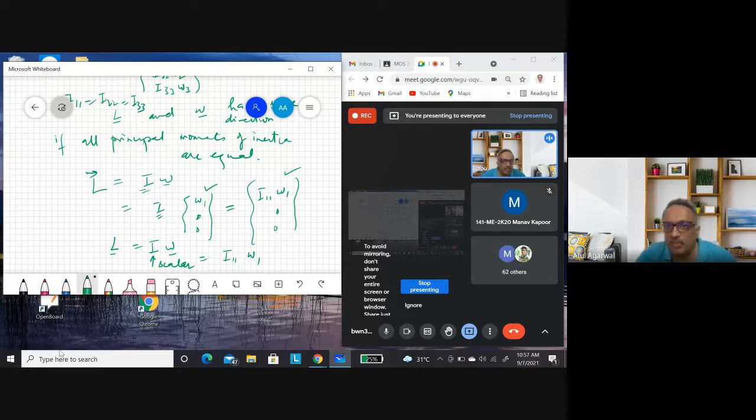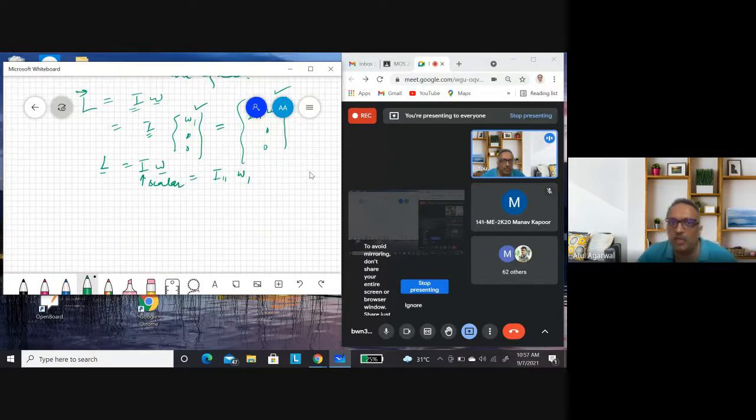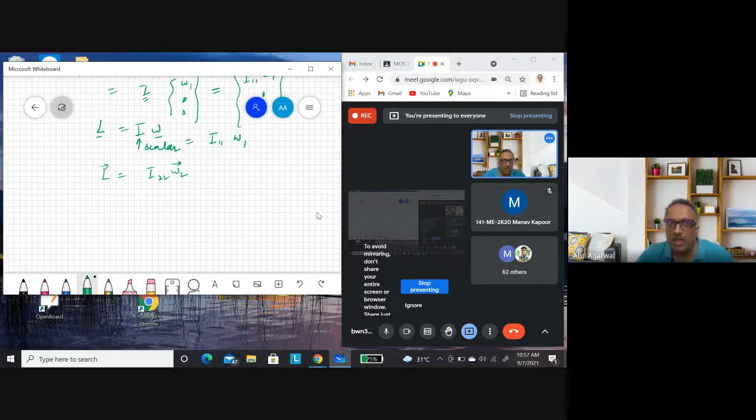You could have taken the body rotating about your second axis, so your L would have become I22 omega 2, if your body was rotating about axis 2. Any doubts? So I have told you what is angular momentum, how it can be found, a general expression for angular momentum for a rigid body.